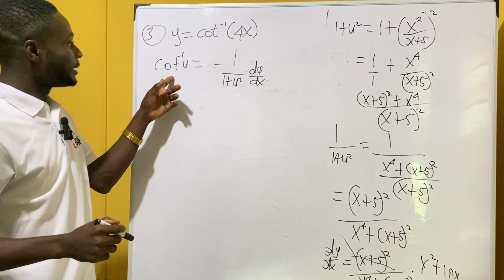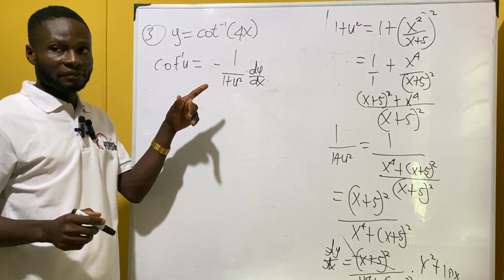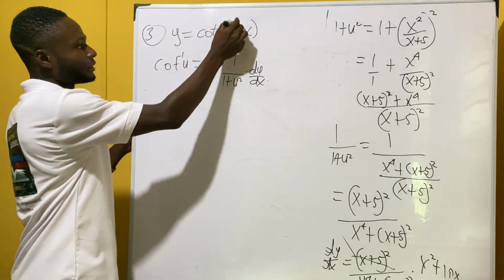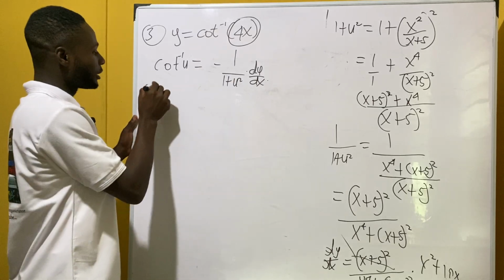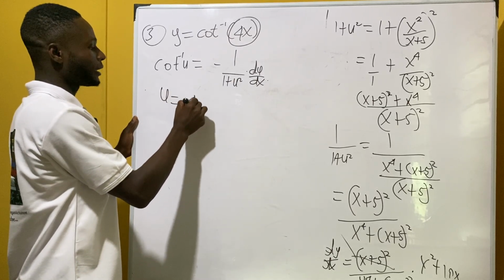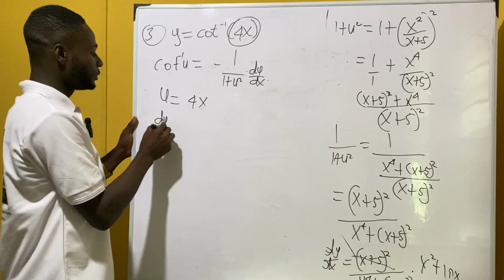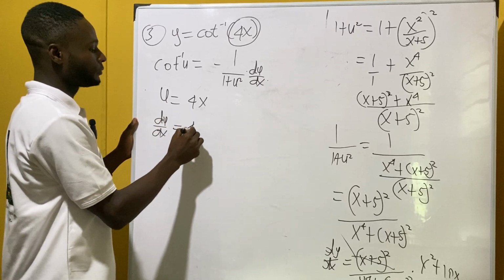So that is the derivative of the cot inverse of u, right? So right here we can see that this is our u. So we can say that u is equal to 4x. So du dx is equal to 4, right?